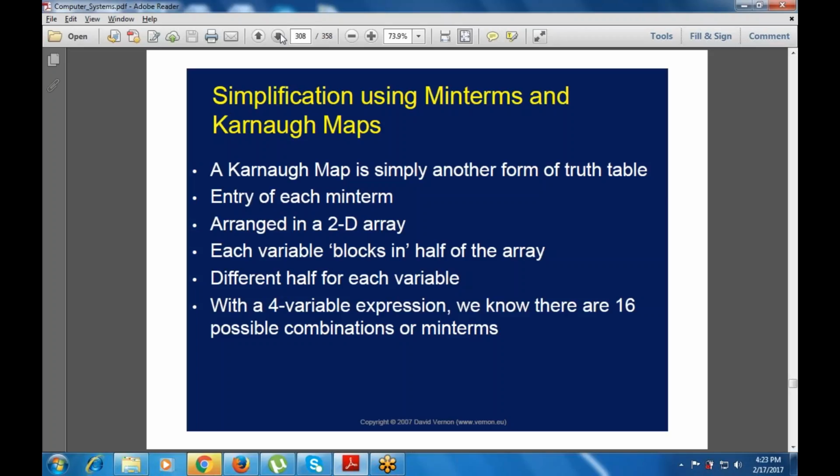A Karnaugh map is simply another form of the truth table. Then there is an entry for each min term. So whatever the min terms are, they are arranged in a 2D array, and each variable blocks in half of the array, and the different half of each variable covers the different scenarios for each variable.